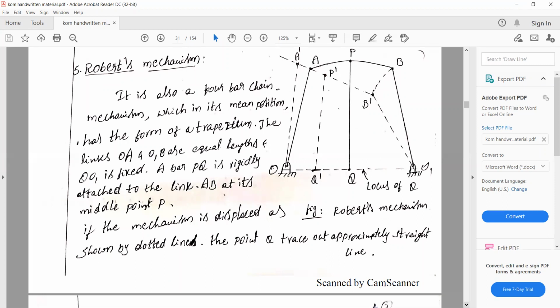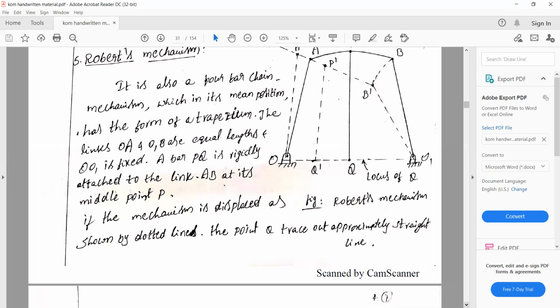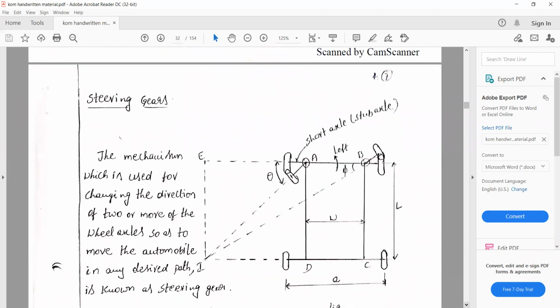The main function is which motion is converted into which motion. Straight line motion or approximate straight line motion is achieved by the particular mechanisms, and those are represented in our diagrams also.